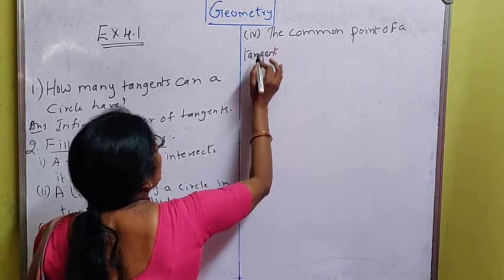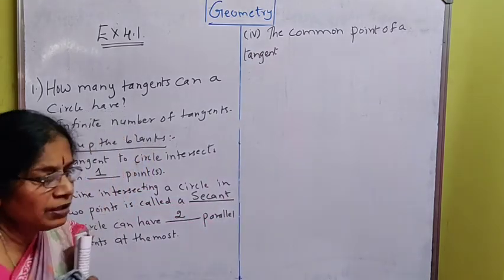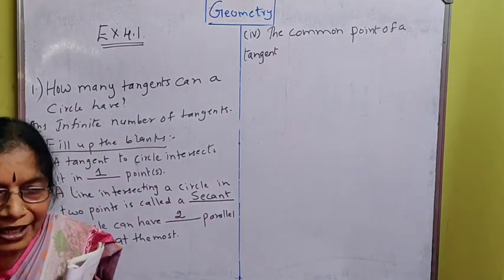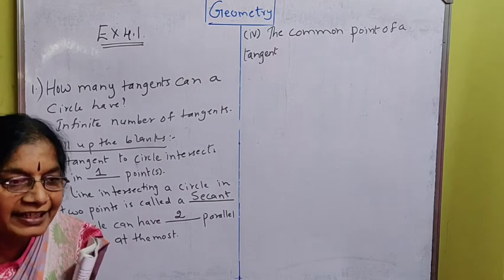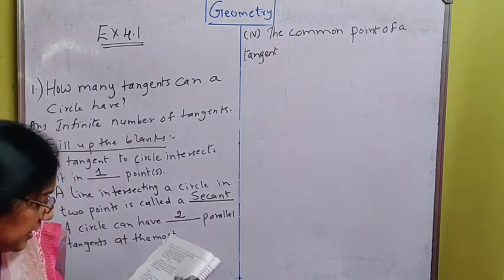Very important. I told you a tangent touches the circle at one and only one point. That point is a common point where a tangent and a circle touch.